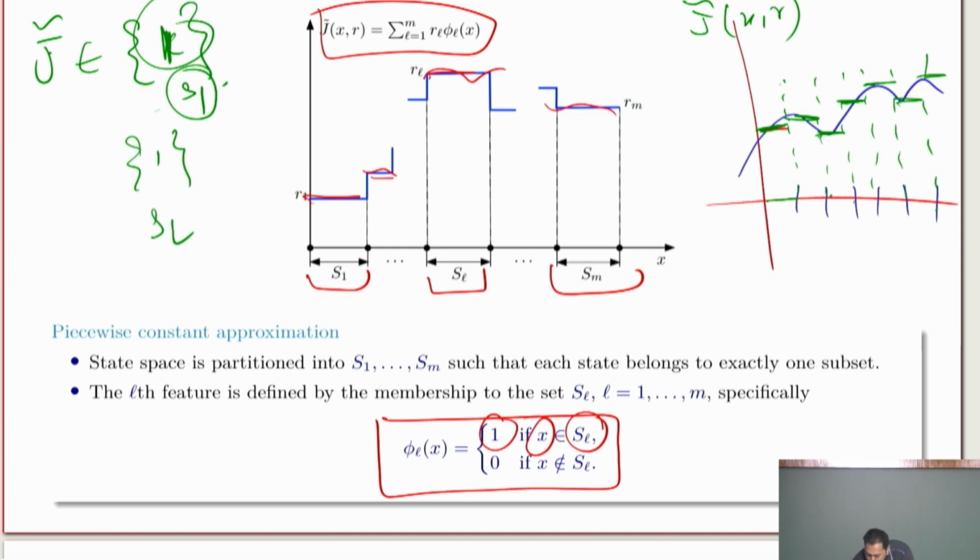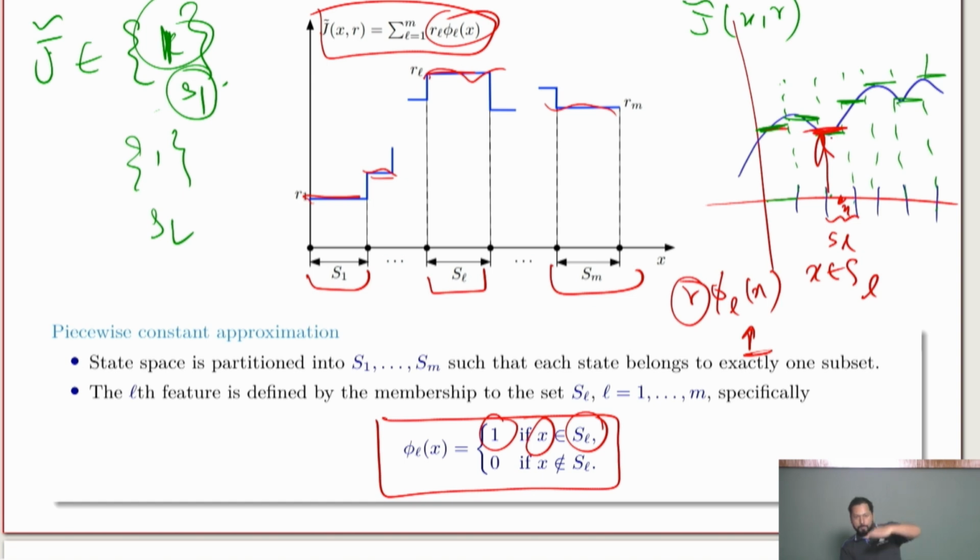If x is in SL, and let us say SL is this, so let us say x is somewhere here. Then I know that it's taking non-zero values. So here it will be multiplied by this phi, corresponding r of phi L x. Now this guy is 1. Now everything depends on r, how much this r will take. That will tell you how high it should be to approximate the function, right?